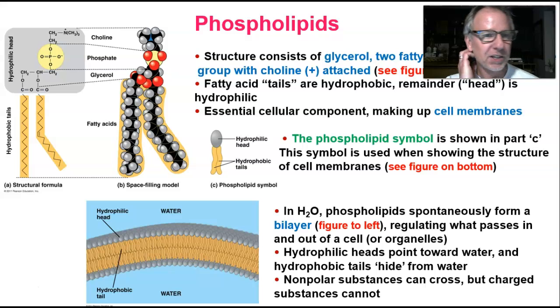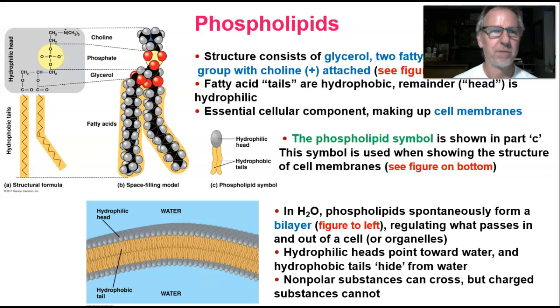And if you look at that picture, you can tell one of them is saturated, it's straight, and one of them is unsaturated, it's bent or kinked. That's how most phospholipids are. Not all, but most. Those are called hydrophobic tails because they look kind of like tails, and because they're non-polar, being made of carbons and hydrogens, they're hydrophobic.